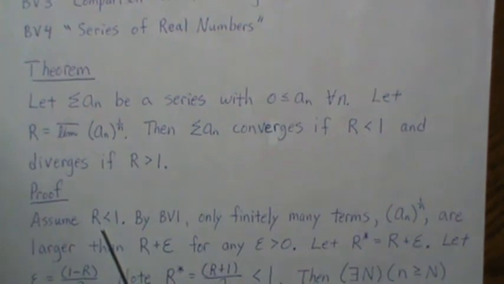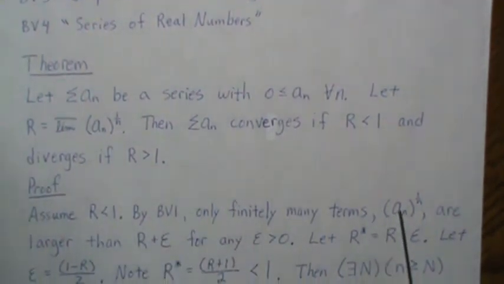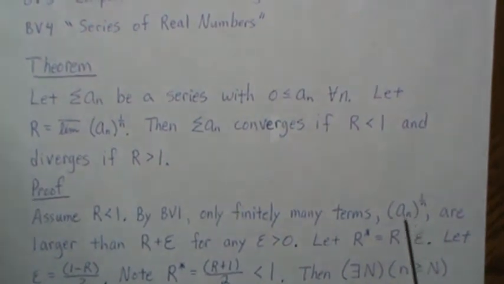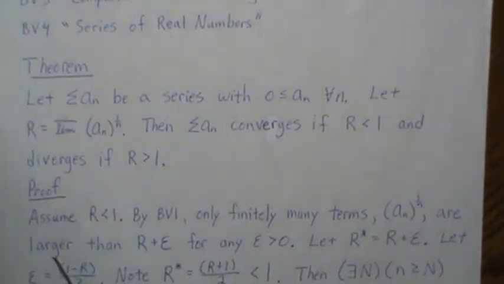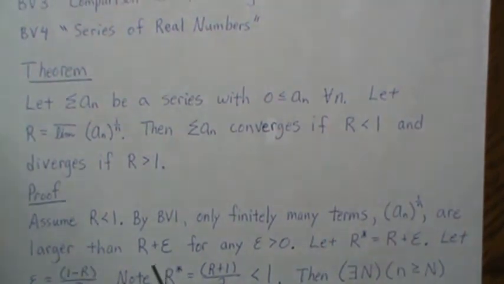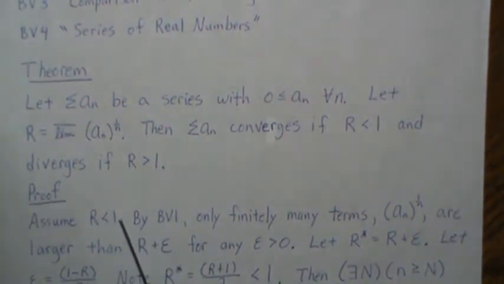So let's assume that R is less than 1, and by BV1 there are only finitely many terms of the nth root of a_n that are larger than R plus epsilon. Now remember, R is less than 1, and so we're going to choose an epsilon that is between R and 1, so R plus epsilon is still less than 1.